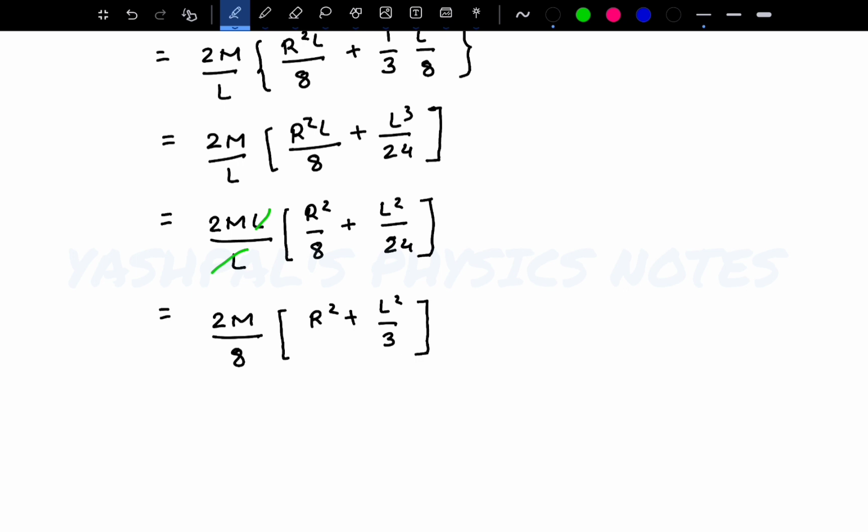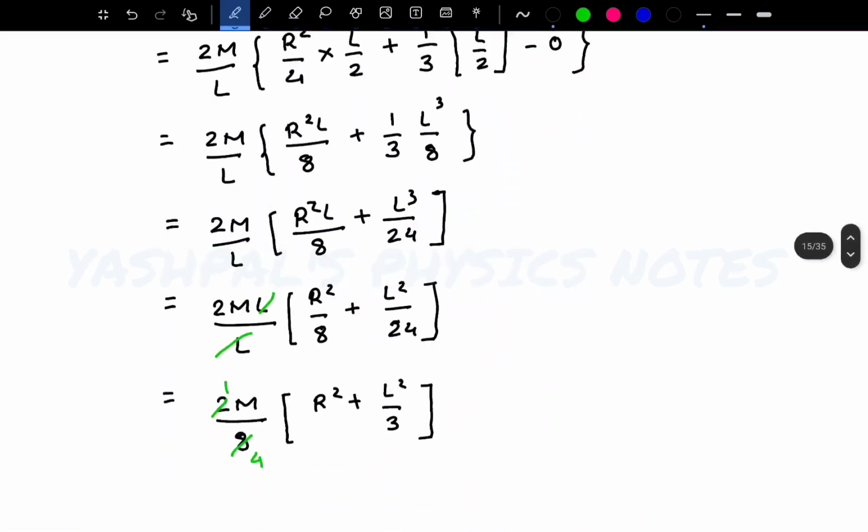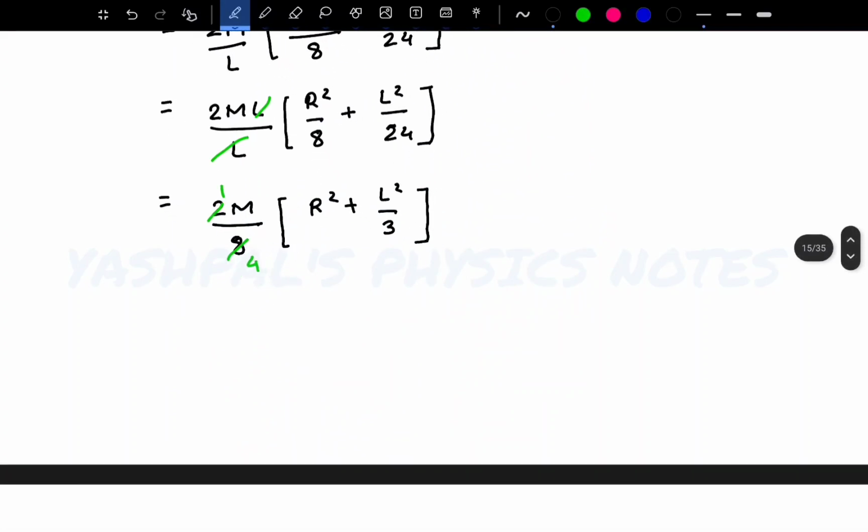So here I can cancel out this term again, 4 times and this 1 time. So write the remaining term. So this is nothing but the moment of inertia I. So therefore moment of inertia I is nothing but m by 4, R square plus L square by 3.